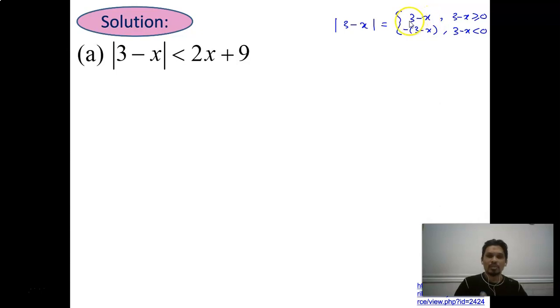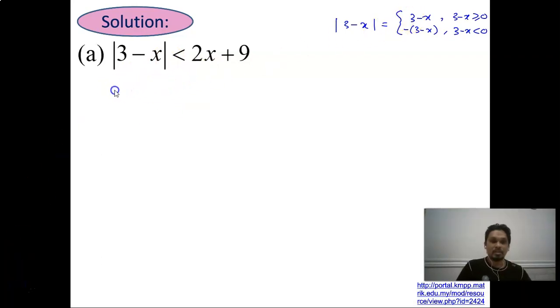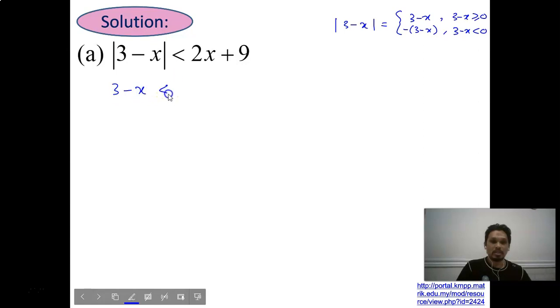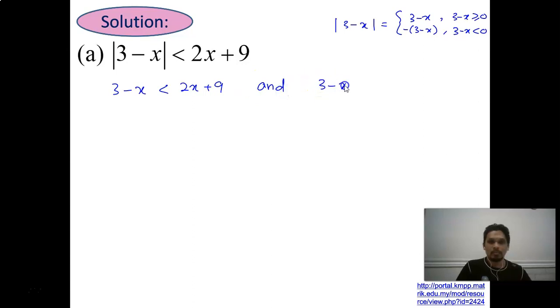Okay, for the first definition here, 3 minus x less than 2x plus 9 and 3 minus x greater than negative 2x plus 9. Because of the negative here, we bring the negative to the side, so the direction changes.